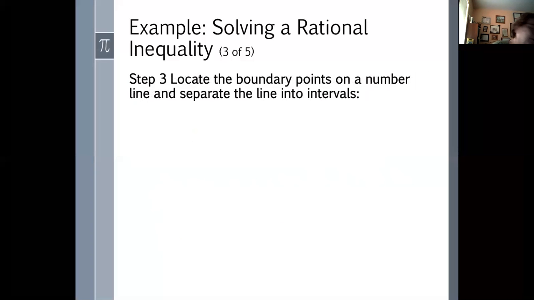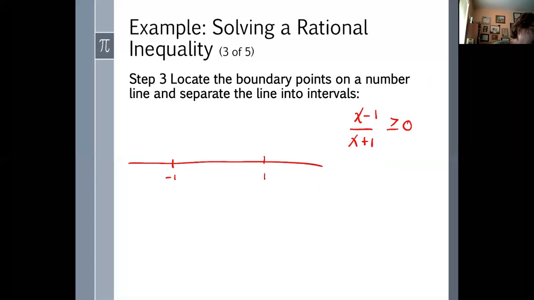So now I'm going to locate my boundary points on my number line, and I'm going to set up my number line into intervals. My 2 boundary points were negative 1 and positive 1, and I am going to write that over here so that we can take a look at it.